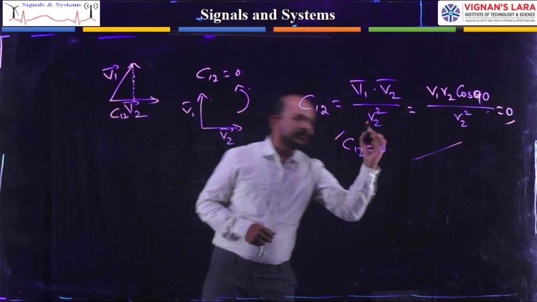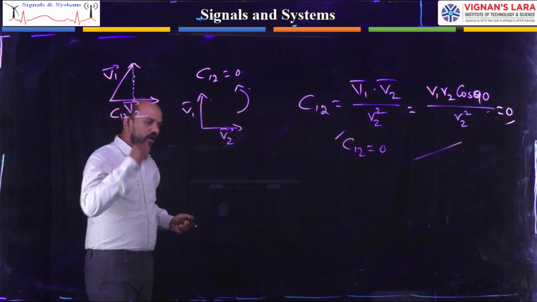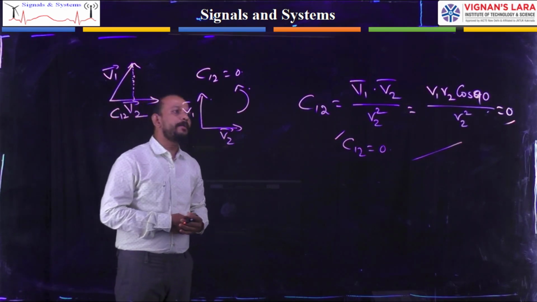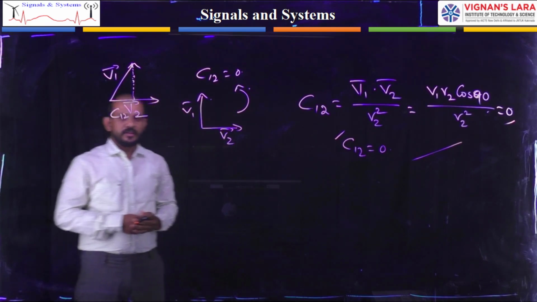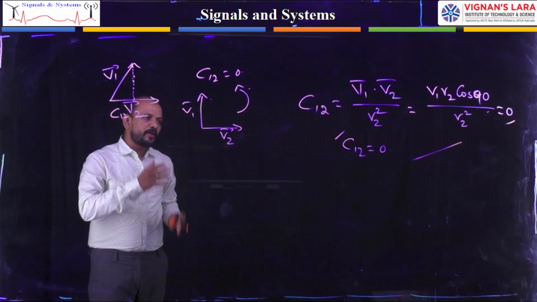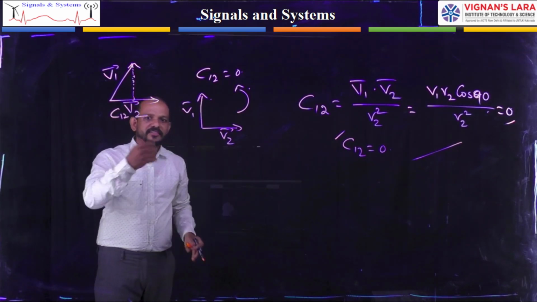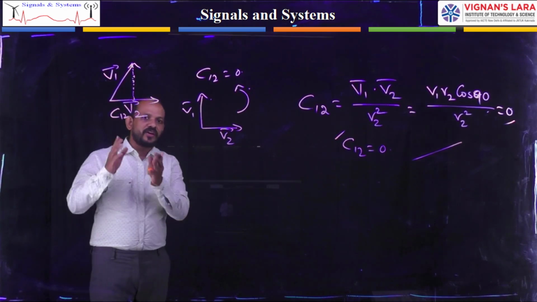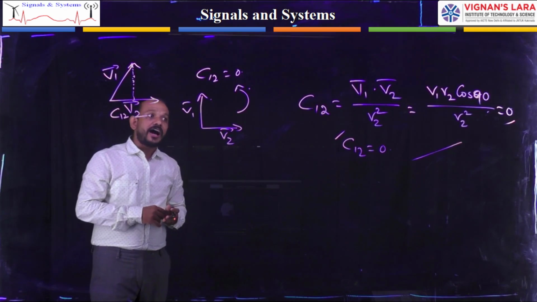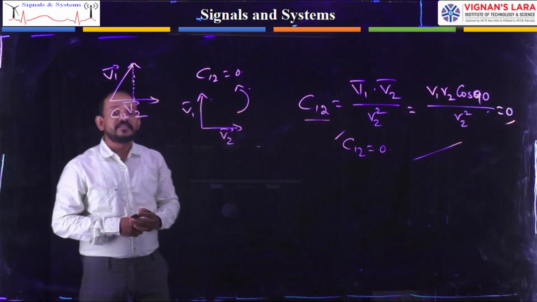Okay, now I am coming to the signals. How will we explain the signals concept with the help of the vectors concept? Here I represented one vector in terms of another vector. In the same way, I can represent one signal in terms of another signal, with a constant like c12.